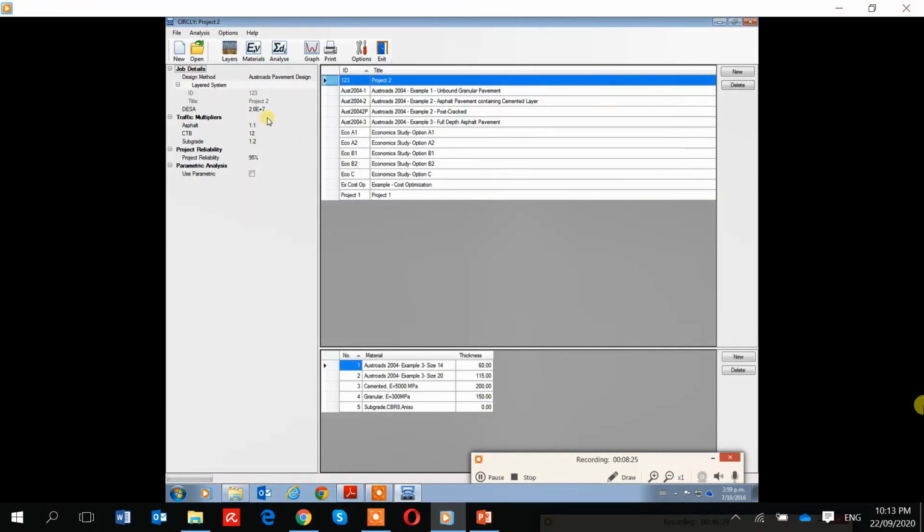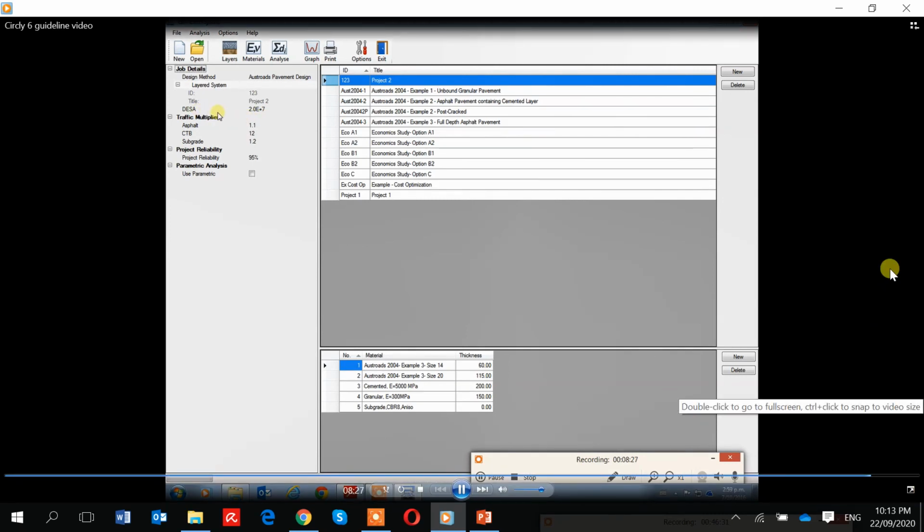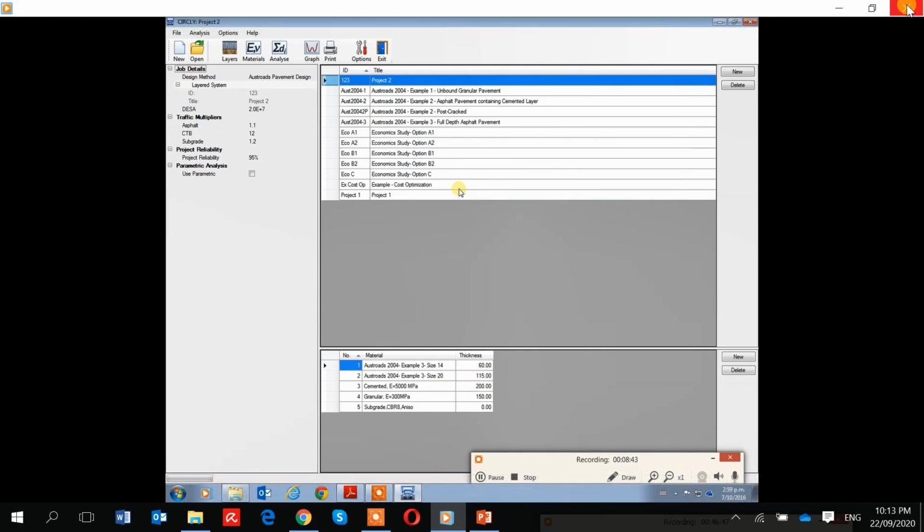Besides that, we also learned how to input the design traffic and the traffic multipliers. So hopefully you can use it to understand more about the mechanistic design of multi-layer pavements by the mechanistic approach. In this case, we use the CIRCLY software to run it. So thank you very much for listening.